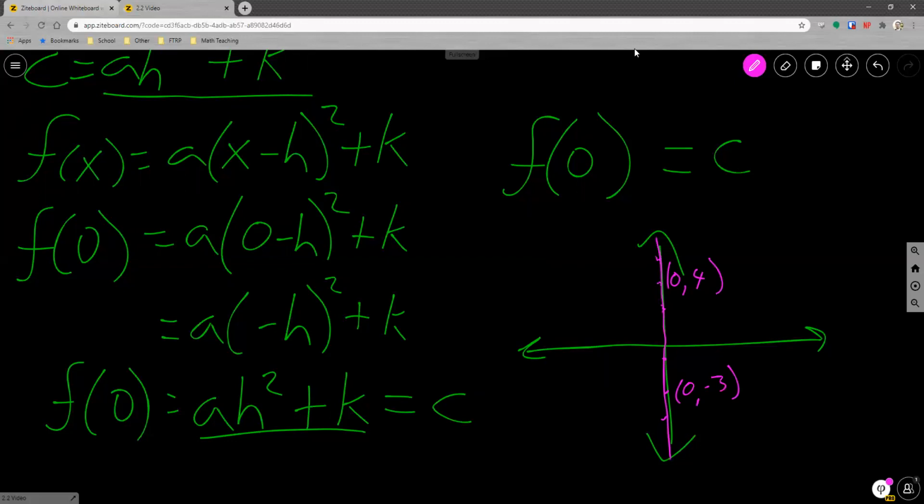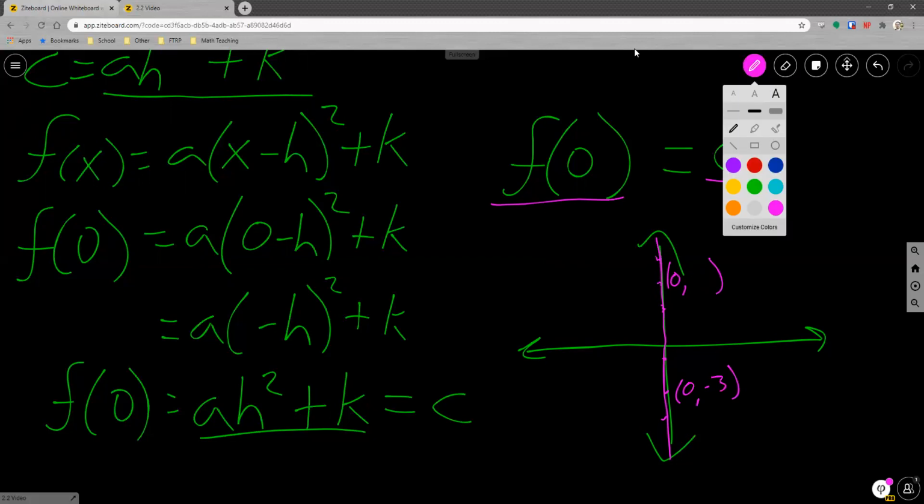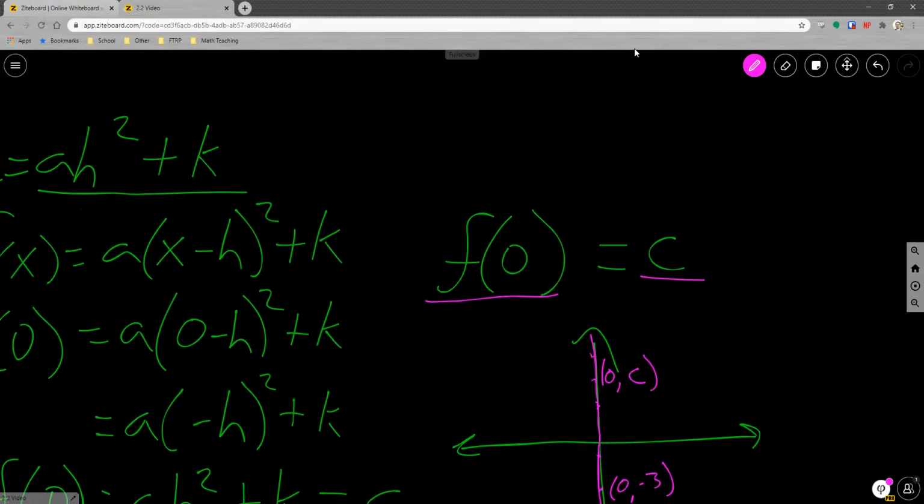But for the purposes of this vertex form equation or standard form equation, if f of 0 equals c, that means that when x is equal to 0 on whatever parabola I have, my y value is equal to c, which in other words means that my c value here is going to be my y-intercept.